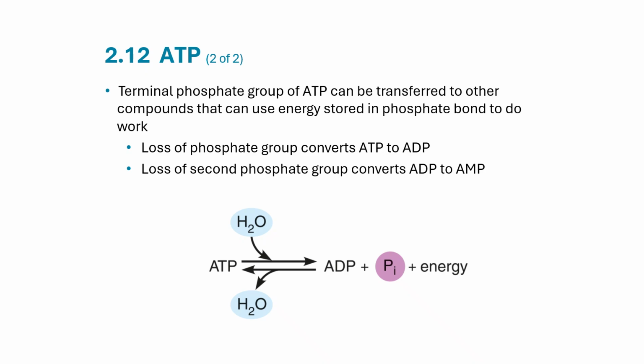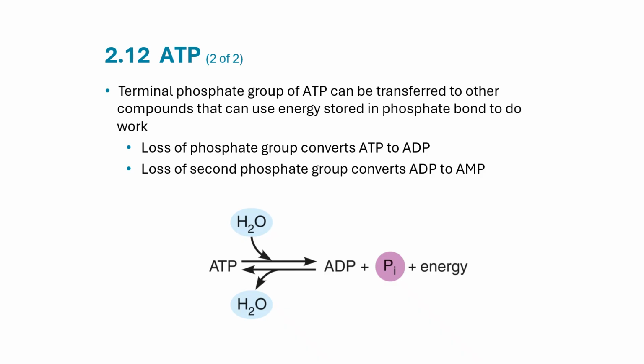So the terminal phosphate group of ATP can be transferred to other compounds that can use energy stored in the phosphate bond to do work. So here we have adenosine triphosphate, the one with the 3 phosphates. If you add water to it, it will lose a phosphate group.